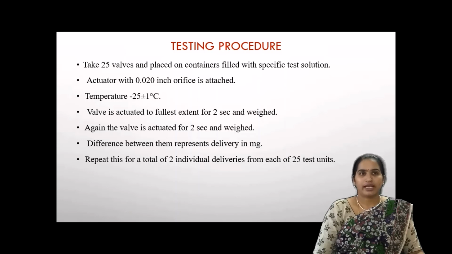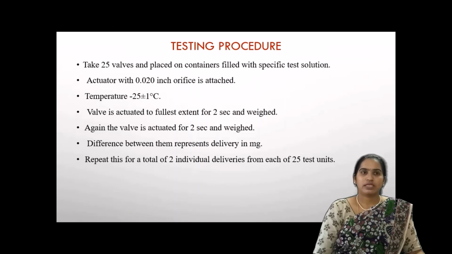Then the valve is actuated to full extent for 2 seconds, and the container is weighed, and then again the valve is actuated for 2 seconds and the container is weighed. The difference between the initial and final weights represents the delivery of the drug in milligrams.